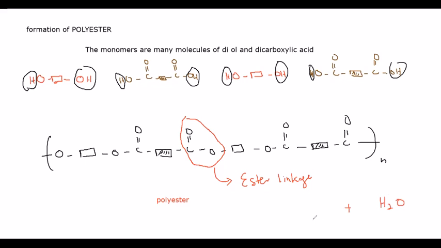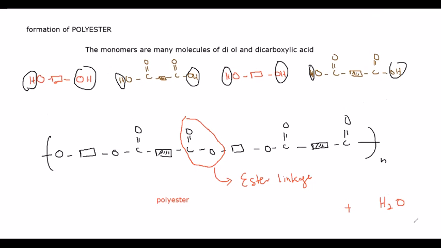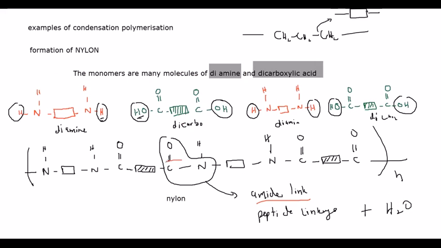Sir, in the last example, why didn't we consider hydrogen? Which one? You mean this part? Yes. Actually, the main structure is this linkage, because you have C double bonded with O. If C double bonded with O is connected to nitrogen, we call it amide.